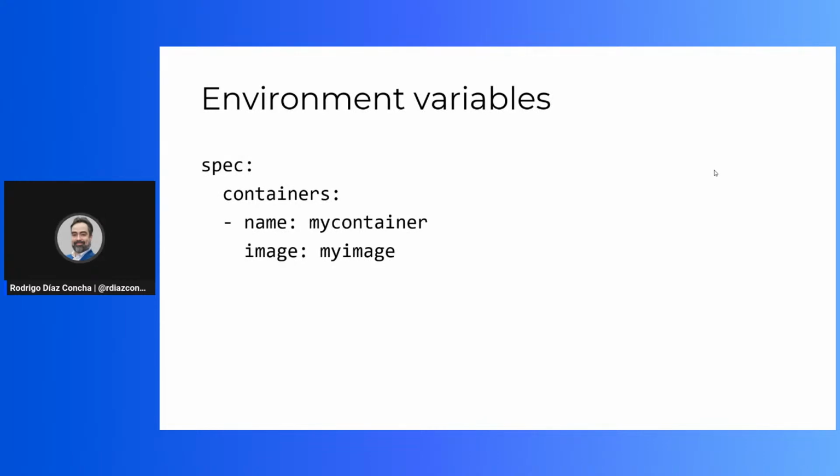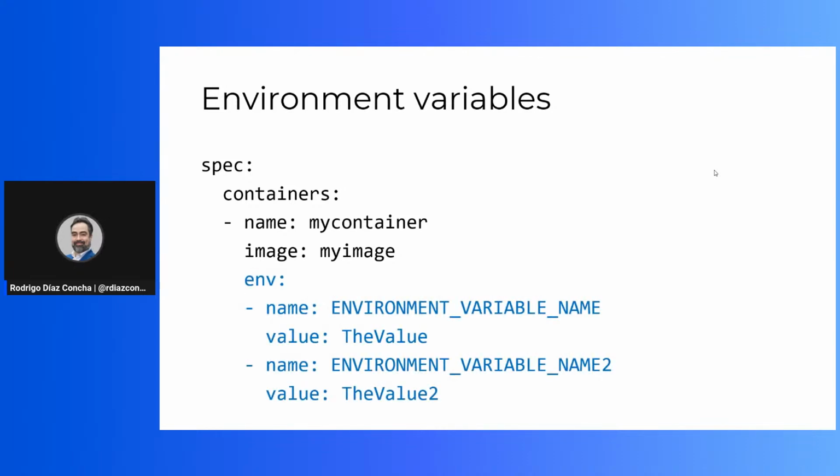So you might remember when we create a pod, we have the manifest file that has the API version, kind, metadata, and spec. And inside the spec field, we have the containers element, and that's the place where we define the container configuration, right? Such as the image name and resource limits and some other things. And actually, this is the place where we configure the environment variables that your application or service might want to use.